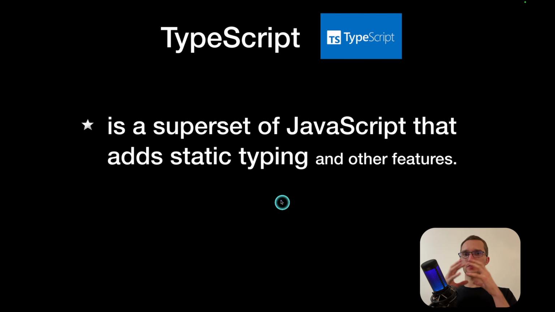So imagine we have JavaScript, and then TypeScript is like JavaScript, but it adds additional features to it. And that's it. That's all you need to know, that TypeScript is kind of same JavaScript, but it adds a few more features. There are a lot of features, but you won't use all of them.